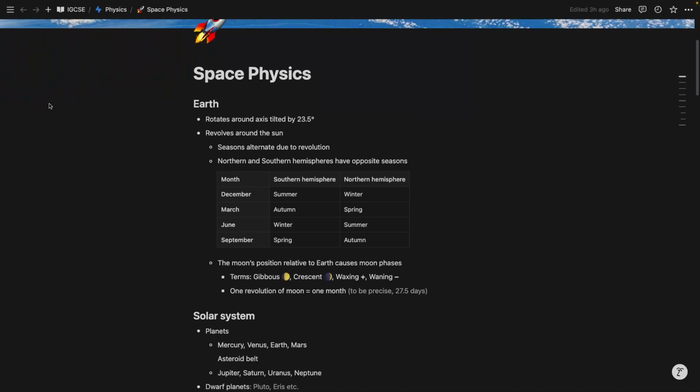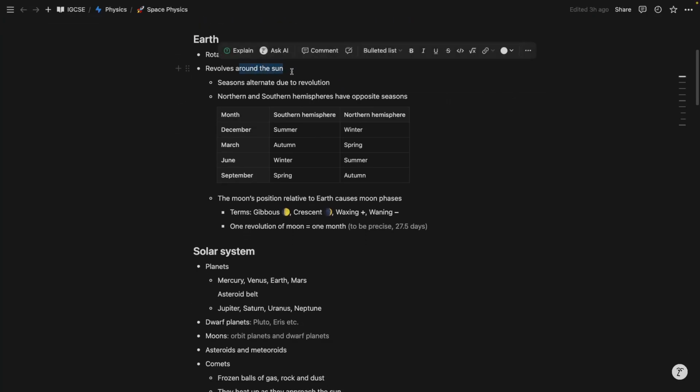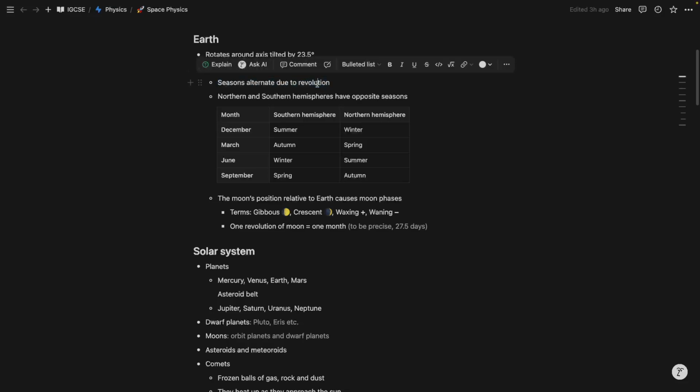So let's just skim through the facts. The Earth rotates around its axis tilted by 23.5 degrees, and it revolves around the Sun. One revolution happens in 1 year, and the seasons alternate due to this revolution. You can see the table of seasons based on the months of the year.